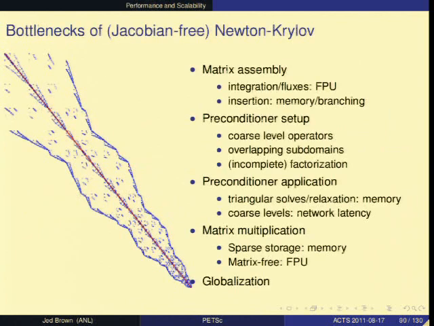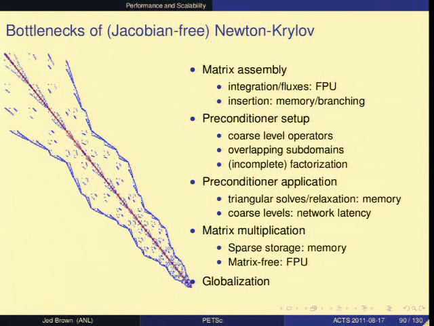So the bottlenecks that we typically run into are related to matrix assembly. You have some floating point limited local computations typically, say equations of state and integration and basis function evaluation, things like that.